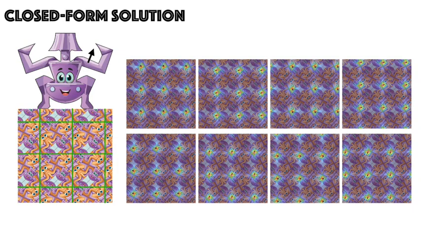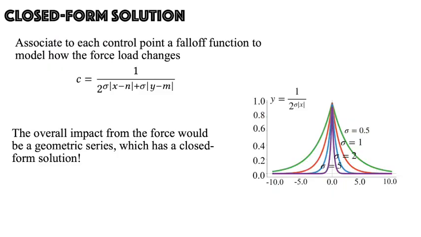All that's needed to be done from here is to figure out a reasonable color map that models how the force load changes. To achieve that effect, we associate to each control point a falloff function to model how the force load changes. This way, as the point handle repeats infinitely with the tessellation, the impact of forces pointing each direction can be computed with a geometric series, which has a closed-form solution.